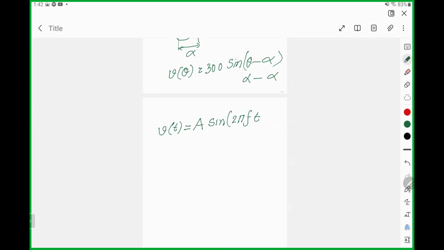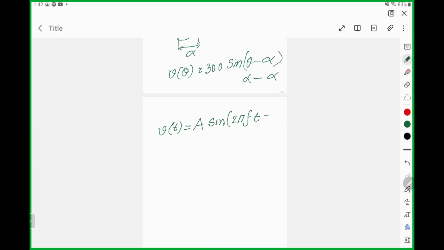So 2 pi is constant, no variation, it will always remain constant. f for the New Zealand power system is fixed. If you go to India, it's 50. If you go to America, it is 60. So f sometimes varies, but for a particular country, if you consider power, it will remain constant. Then time is the variable that will vary.